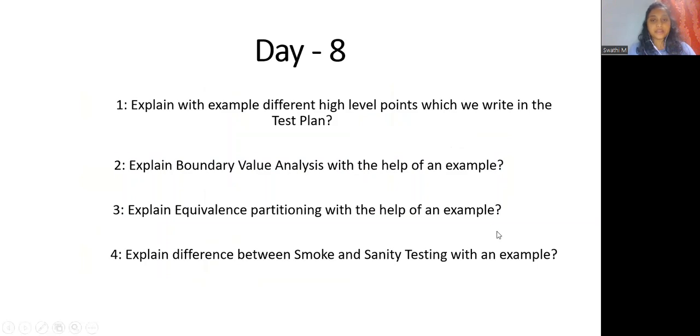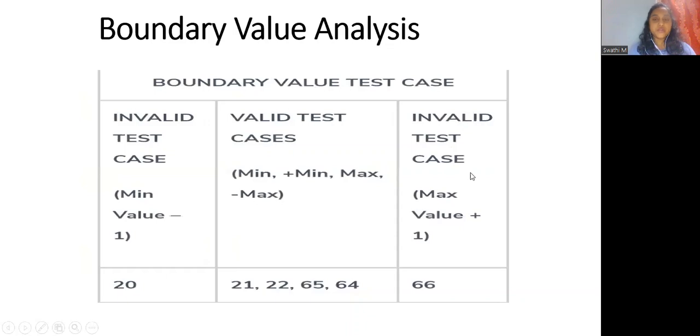Explain boundary value analysis with the help of an example. So, boundary value analysis is one of the popular software testing mechanisms. Here, testing of data is done based on boundary values between two opposite ends, where the ends may be from start to end, or lower to upper, or from minimum to maximum, or maximum to minimum.